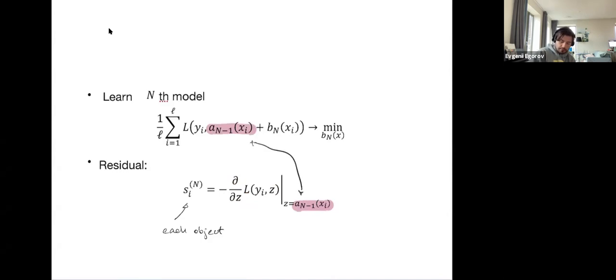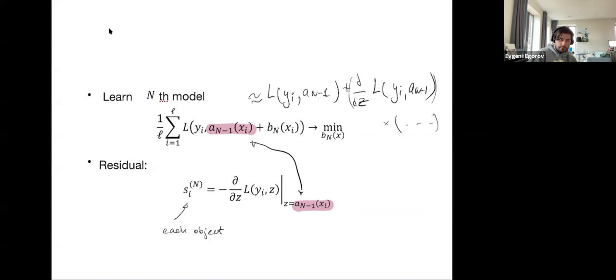So here it is. And we could also say that for each member of the sum, we could approximate it with something like this, multiplied by the difference here, and something beyond.